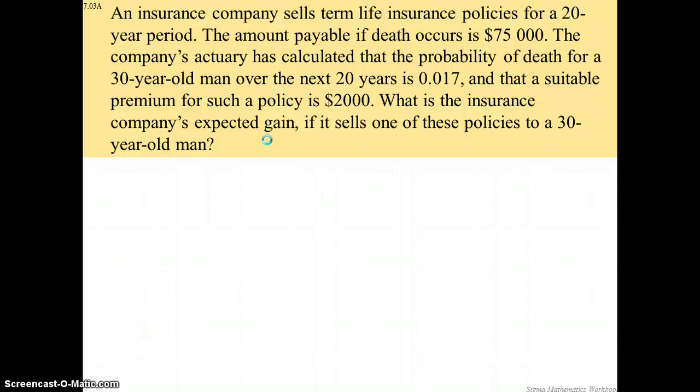The actuary has calculated the probability of death for a 30-year-old man over the next 20 years as 0.017, and that a suitable premium for such a policy is $2,000. So the insurance company charges the man $2,000 per annum, and they calculate the probability that he dies as 0.017. If he does die, they've got to pay $75,000. What is the insurance company's expected gain or average increase?